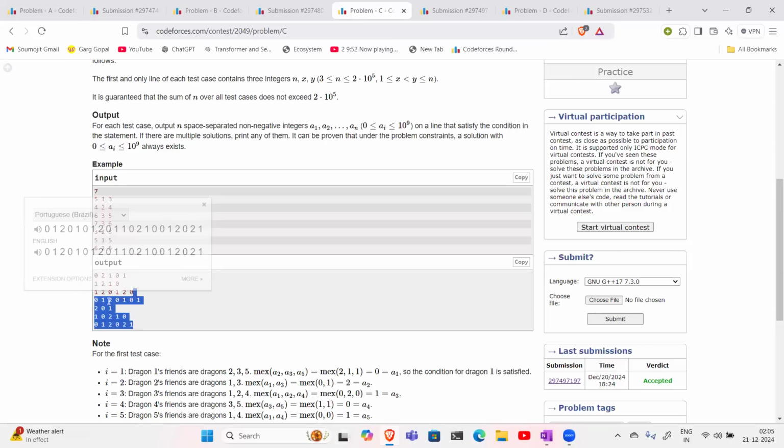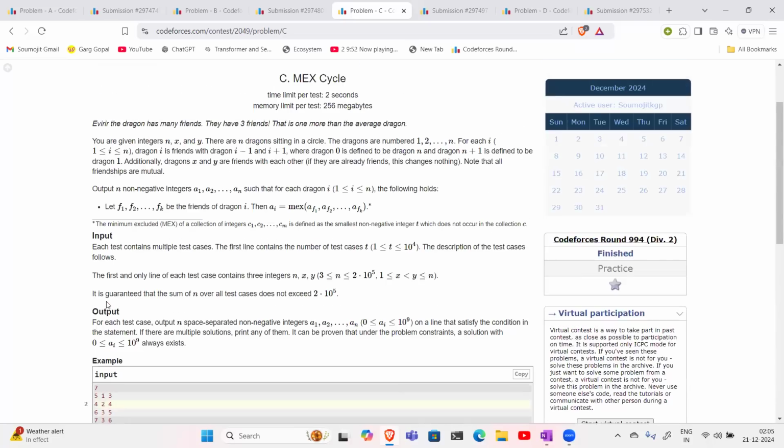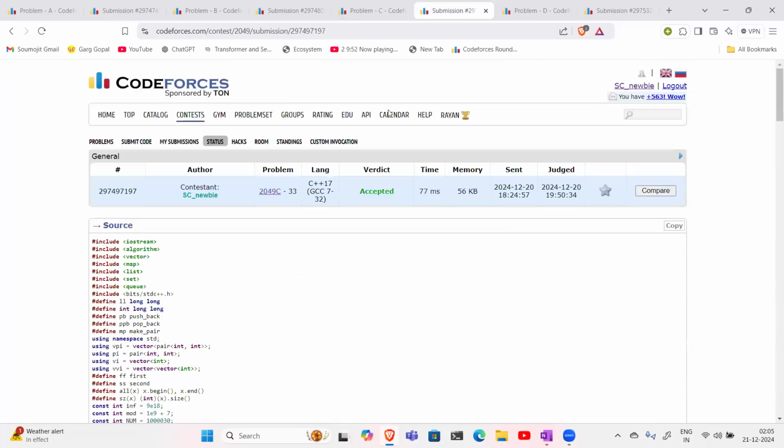Like all the cycles were actually colored using 0, 1, and 2 simply. So that gave me a hint that most probably only the integers 0, 1, and 2 would be sufficient to color all cycles, probably. And that actually worked.